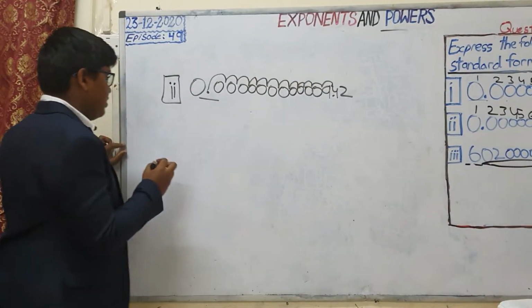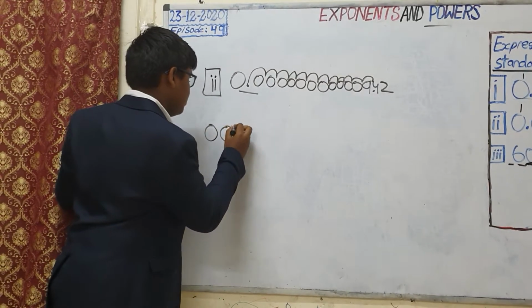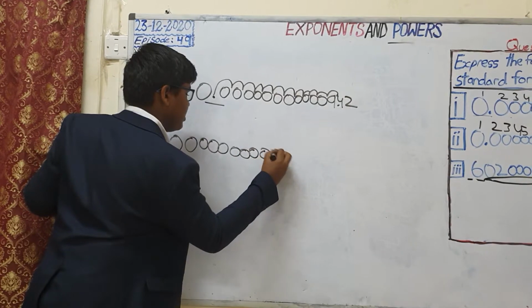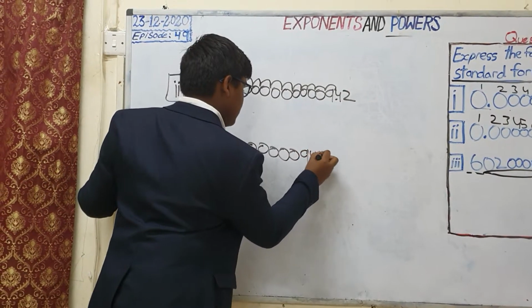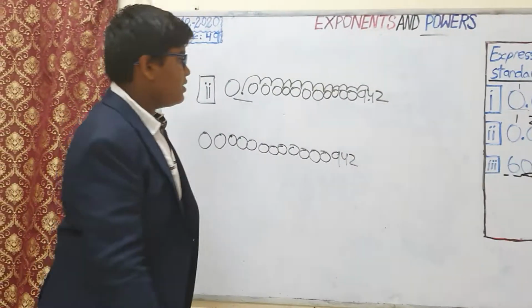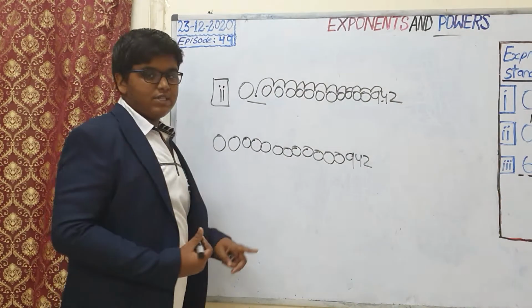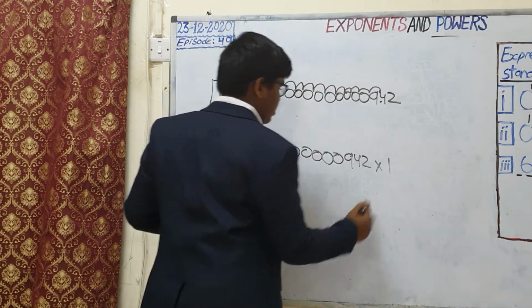Now first we will write all these zeros. 1 2 3 4 5 6 7 8 9 10 11 12. Then 9 4 2. In this number we are not going to write any decimal point. We will write it after the calculation only. Then into 1, and write all the 12 zeros.